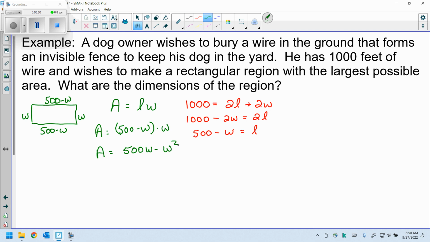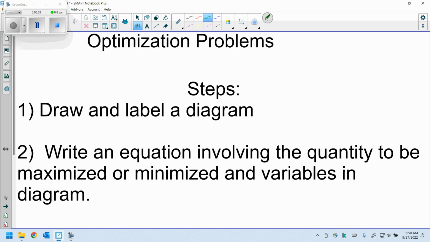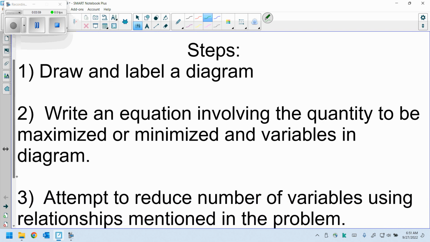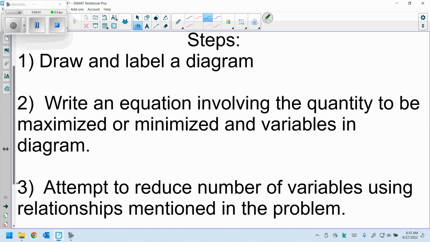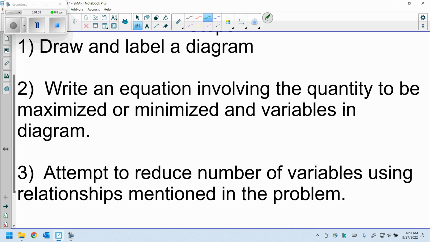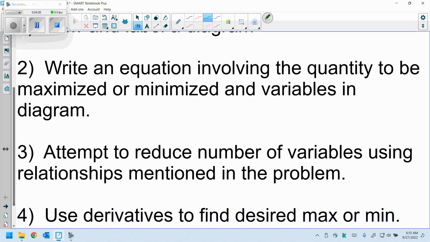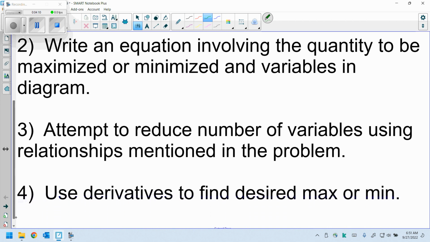Now, let's go back and look at our steps. We drew a diagram. We wrote an equation involving the quantity to be maximized or minimized using the variables in the diagram. We did reduce the number of variables using the relationship that was given. And now we're going to find the derivative.